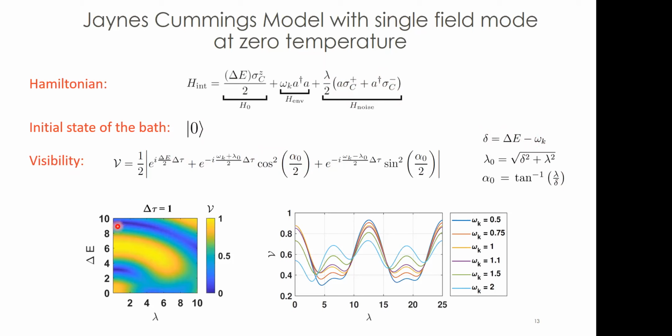So firstly, what we see here is how this visibility gets affected by the clock Hamiltonian, represented by the energy delta E, and the energy of the noise Hamiltonian, lambda. For proper time difference delta tau equal to 1, and for fixed omega k, we see that we can have regions of higher and lower visibilities than one would expect without the noise in general, which is very interesting in its own right.